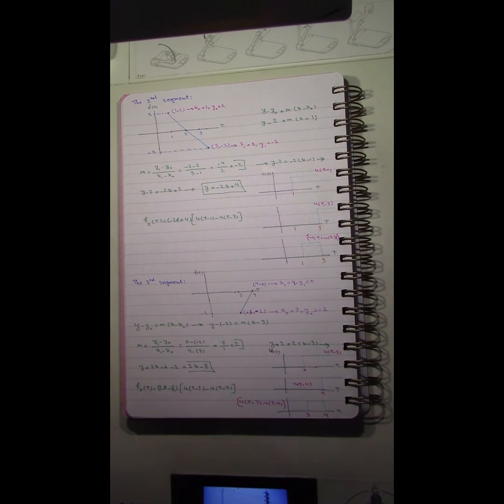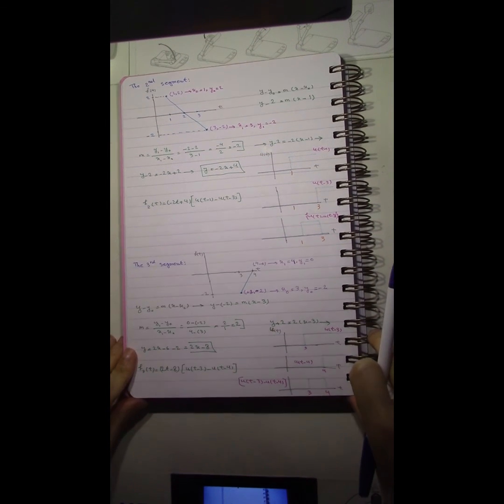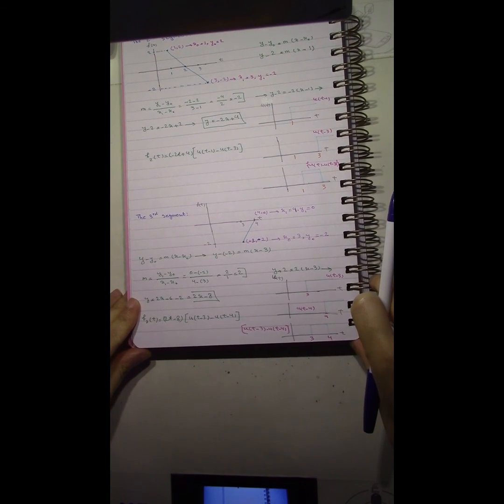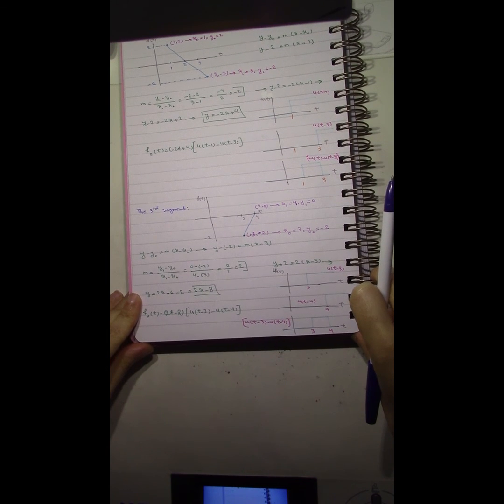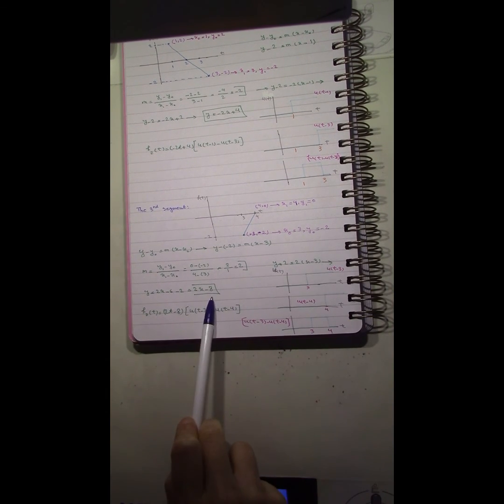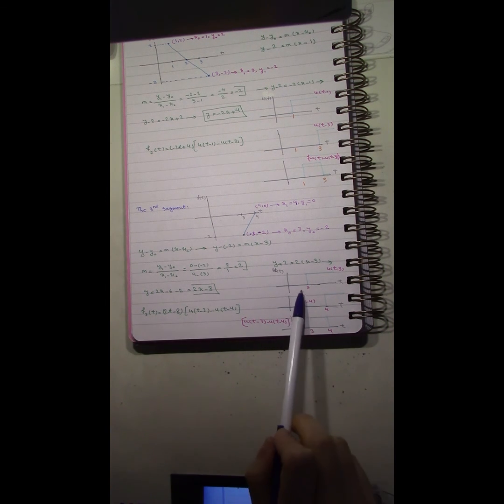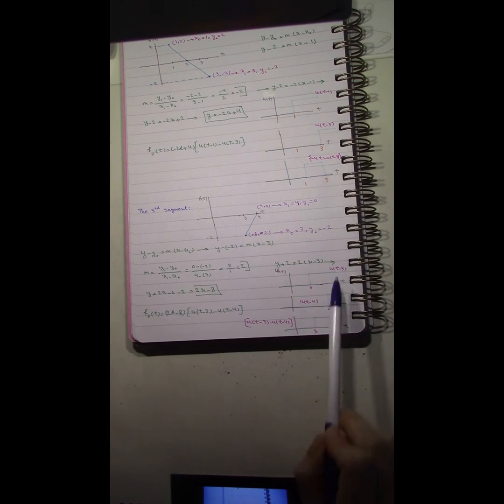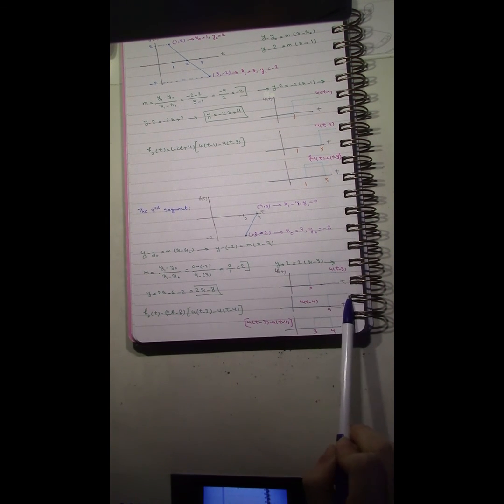And what is the third segment? From 3 to 4. From 3 to 4, the line equation is this one. And how about the step functions? From 3 to 4, the first one should be u(t minus 3), and the second one u(t minus 4).